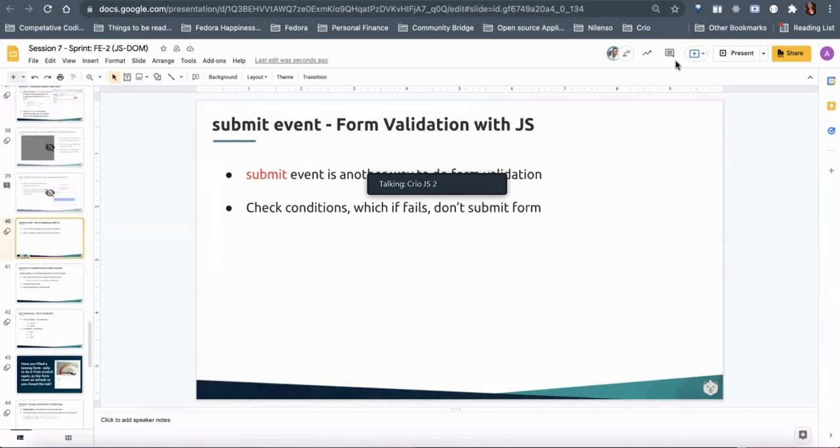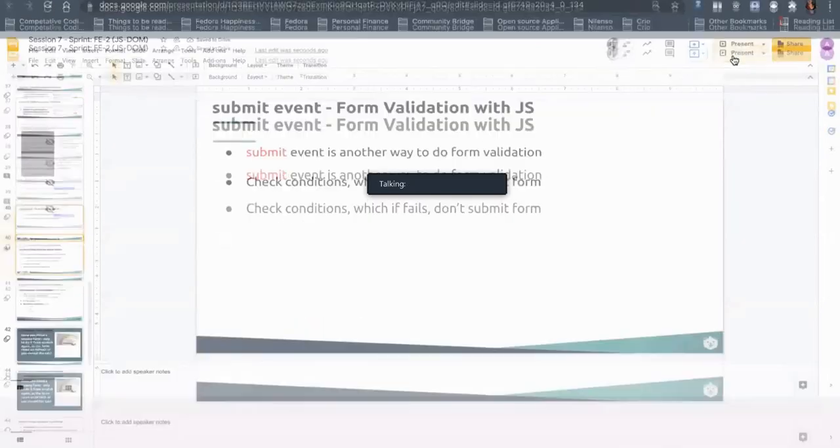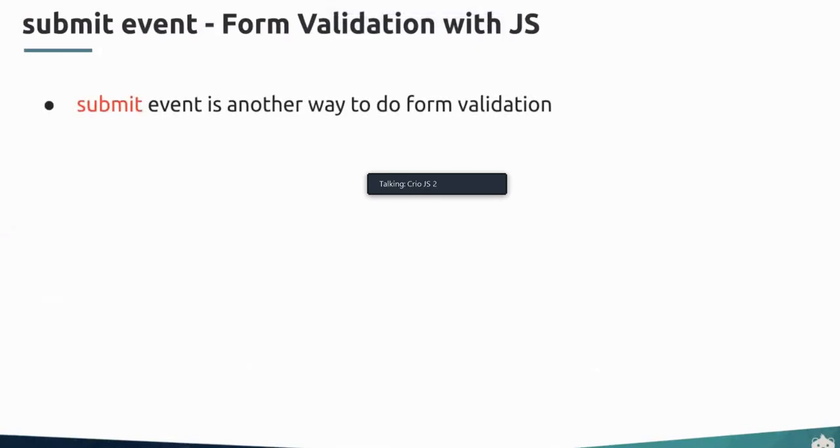Let's move on. I hope everyone understood that part. Now, when we would like to validate our form, the submit event is another way to do form validation. Inside this callback handler, when we are trying to submit our data to, let's say, the server, before actually submitting we should validate the data, whatever input we are getting, and check every input element that we have.